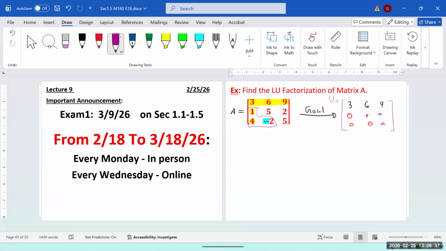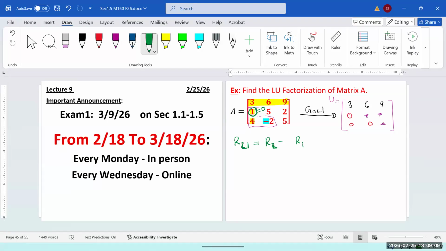Now let's start with the first one. We have 1 here. We want to put 0. This position is 2, 1, so we are changing row number 2, column number 1. The operation we're allowed to use is row 2 minus something times row 1. Whatever row you are changing, you have to write this row down first.